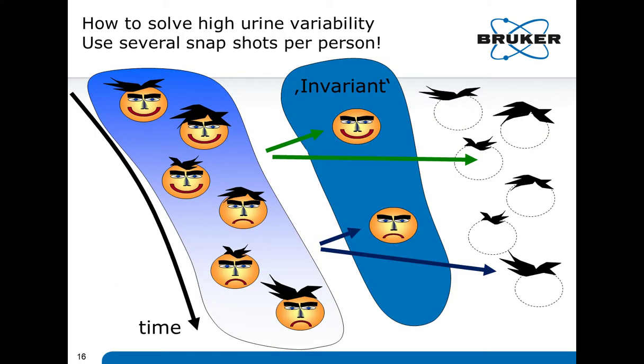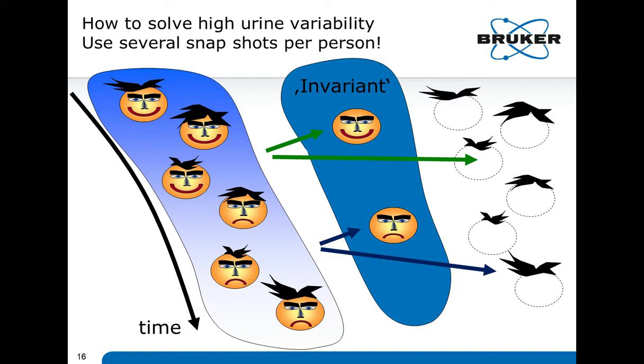Now, the tool to do that was developed in a collaboration and a project with Serum in Florence, Professor Luchinat. We looked into how we can reduce this high variability in urine, because of course this depends on the food you take, drugs, nutraceuticals, how your sports activities are, and this might be different every day.